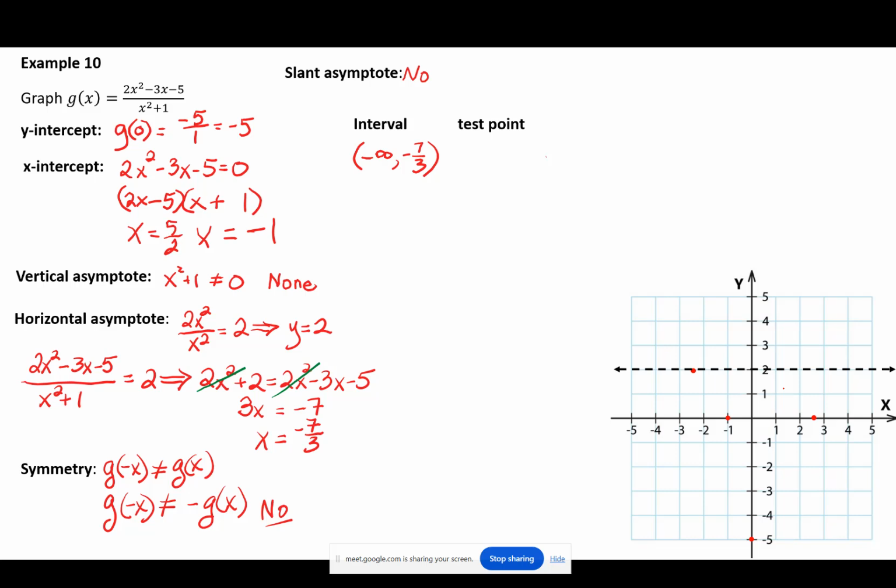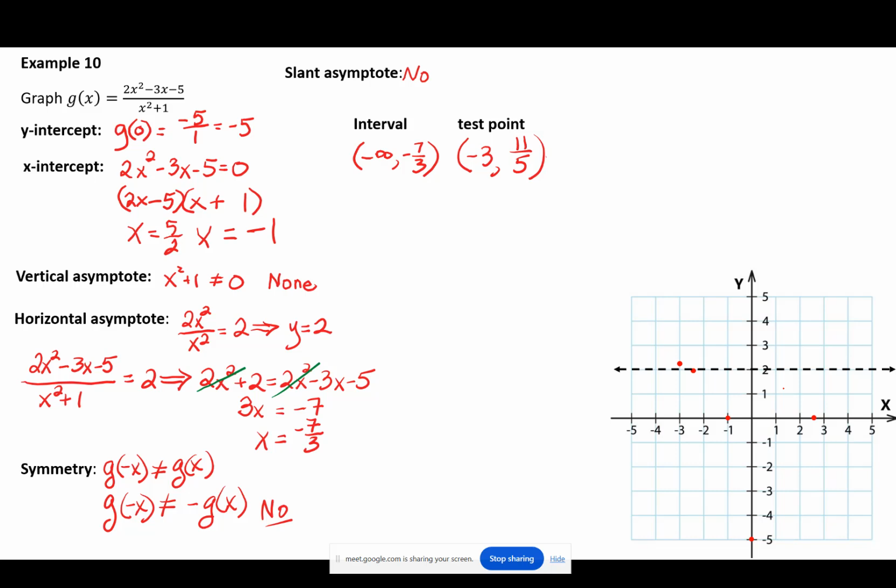We can check any x value we want that's in that interval. So if we try -3, plug that into the function, and you get 11/5. So that's telling me that during that time, from -7/3 down to -infinity, the function is above the line y equals 2, because 11/5 is more than 2.